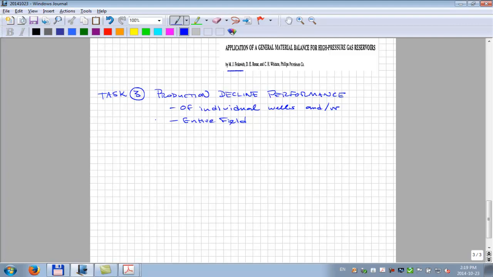The topic is not called production decline performance. If you said that in a meeting or something, people would scratch their heads a little bit. It basically has a name that we use, decline curve analysis, DCA. And why curve? Because in the old days they used curves.